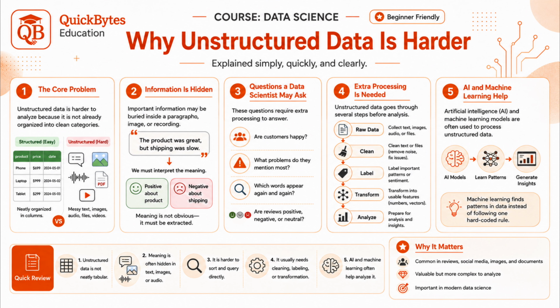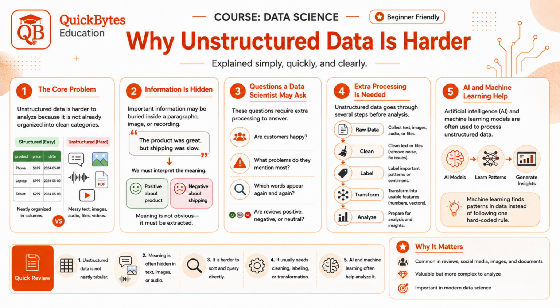Unstructured data is harder to analyze because it is not already organized into clean categories. With structured data, a column might clearly say price or date. But with unstructured data, the important information might be hidden inside a paragraph, image, or recording. For example, if a company has thousands of customer reviews, a data scientist may want to know, are customers happy? What problems do they mention most?